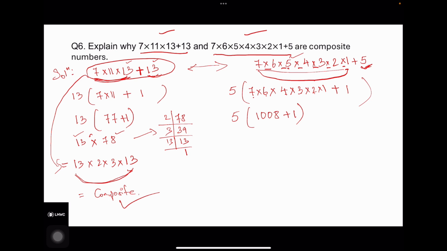Now 1008 and 1, if you add them, you will get 1009. So 1009 is already a prime number and 5 is already a prime number. So when you find two prime numbers in product form, you're going to get a composite number only. And thus we have explained why those two numbers are composite numbers.